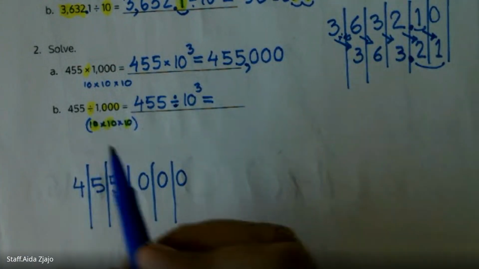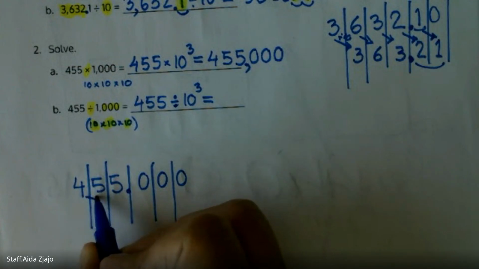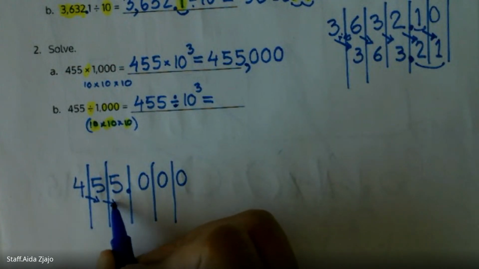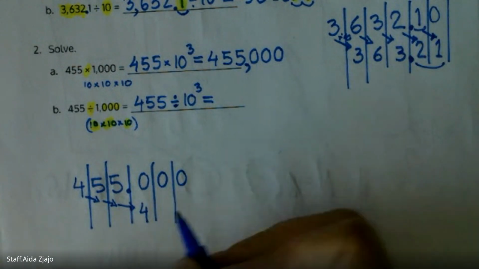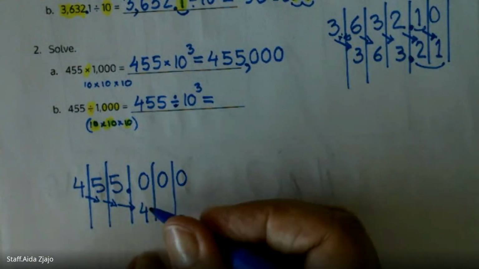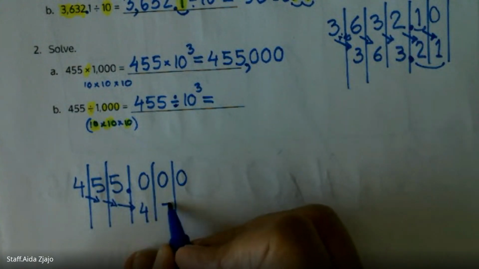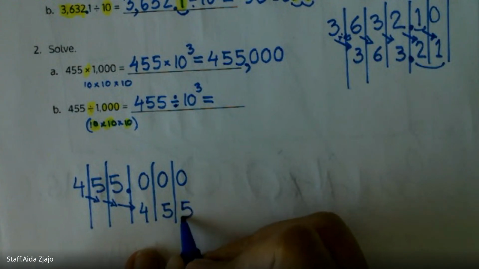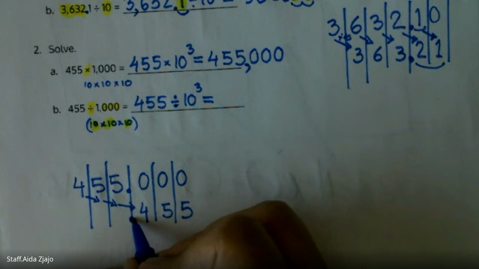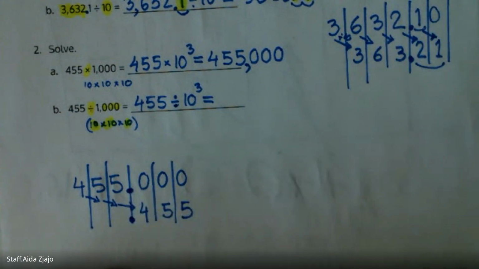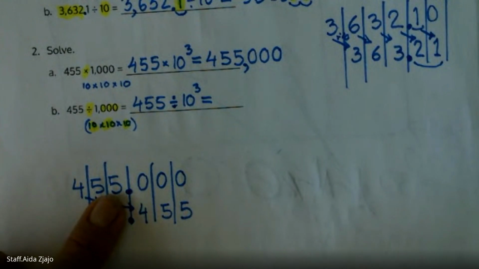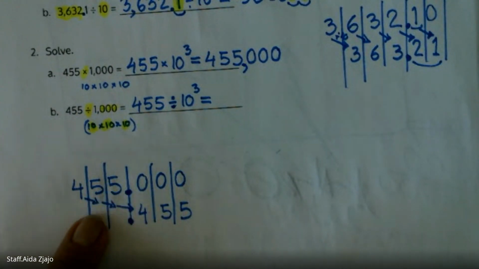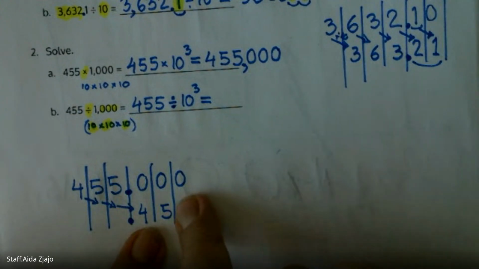So the 4 is going to move all the way to the tenths place, and the 5 and 5 follow, and the decimal will stay on the same line. If you have $455 and you divide it among 1,000 people, each person will get about 45 cents.